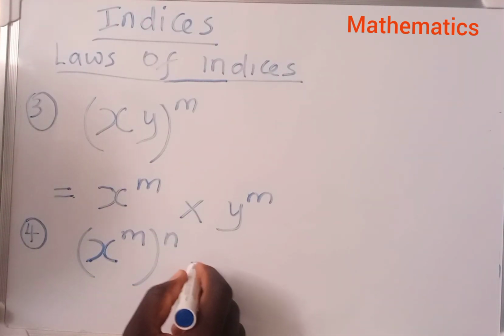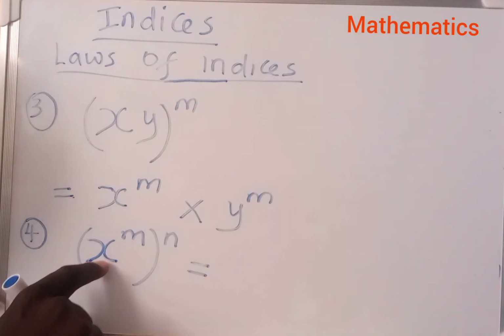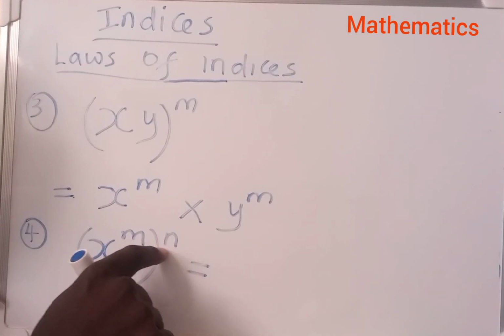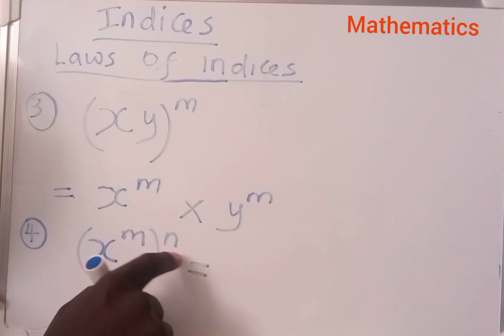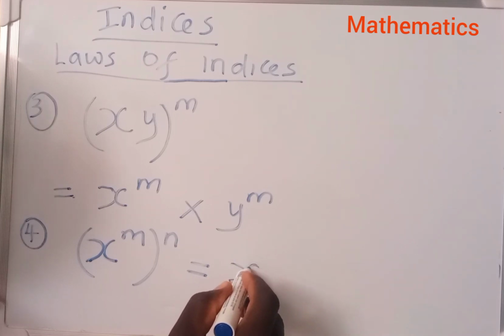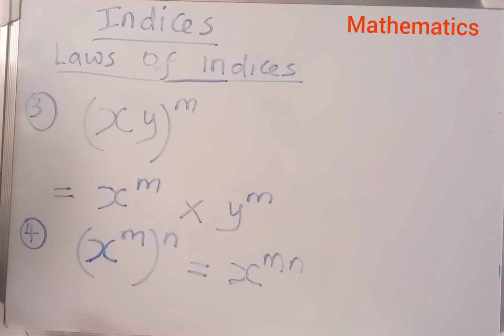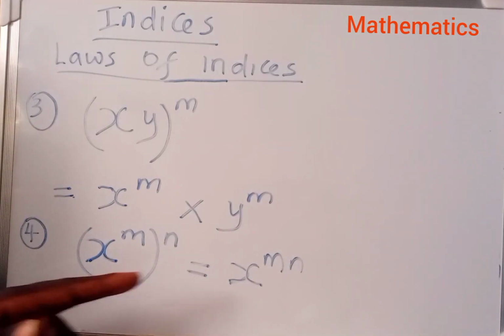This one will be x raised to m times n. We multiply the powers. That is x raised to mn.